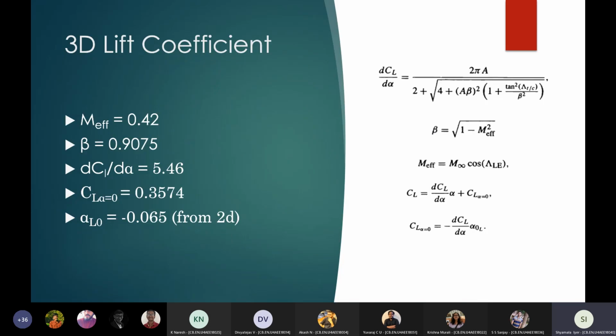The 3D lift coefficient was calculated using the formulas, and we got M effective of 0.42, which is the same as M infinity, since our leading edge sweep angle was 0. The dCL by d alpha we got was 5.46. Our beta was 0.9075.